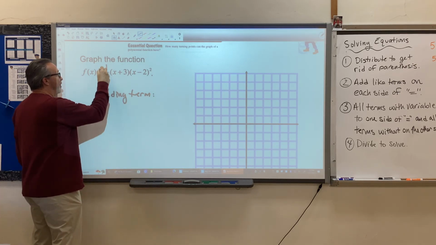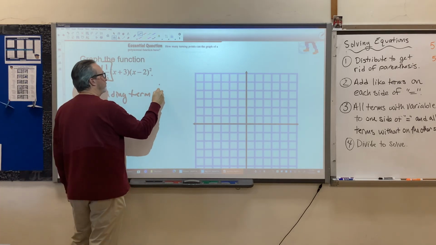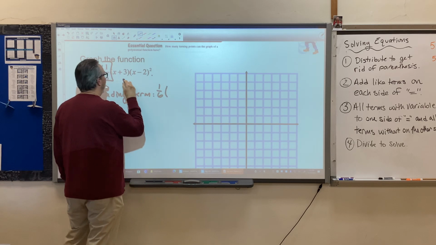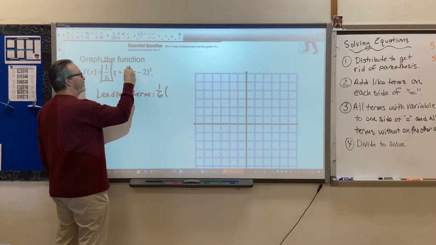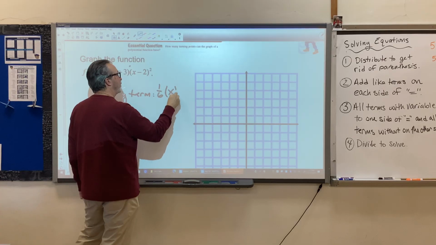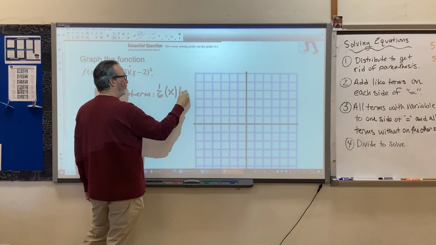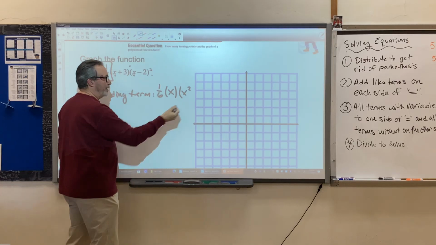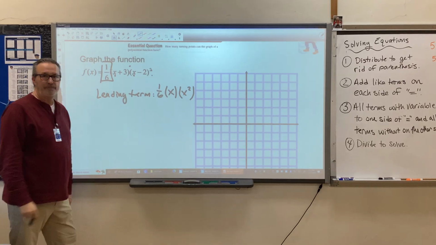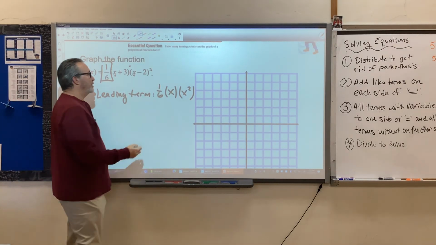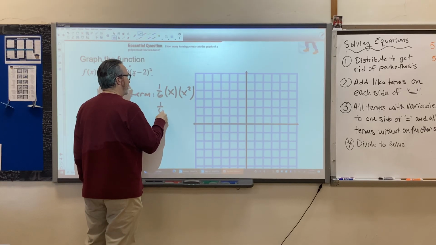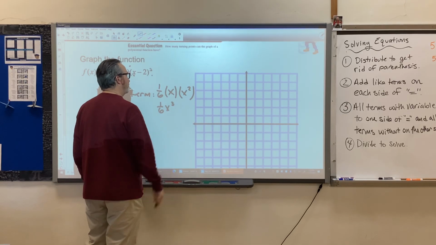It is this times this to this power times this to this power. So what is the leading term? 1/6 x to the third. 1/6 x to the third.